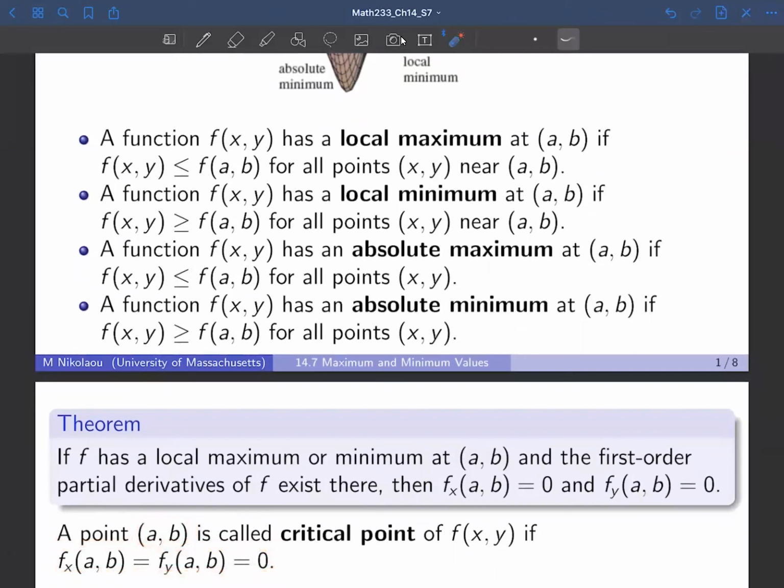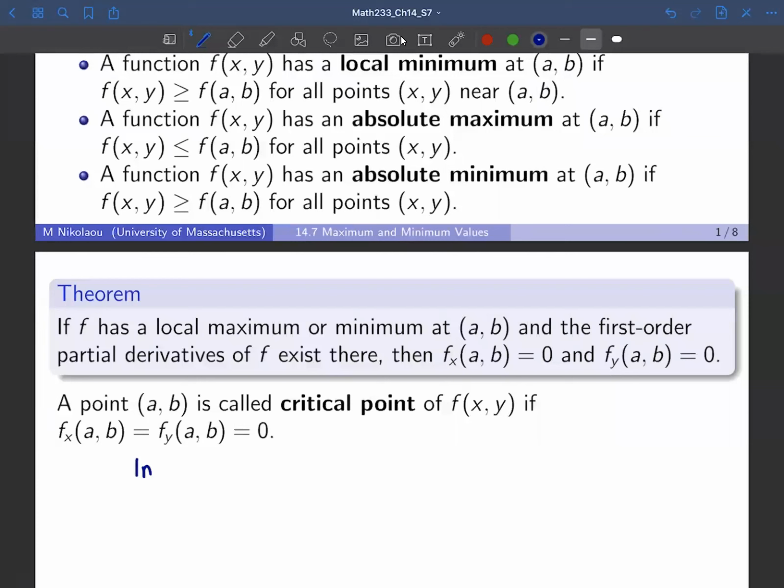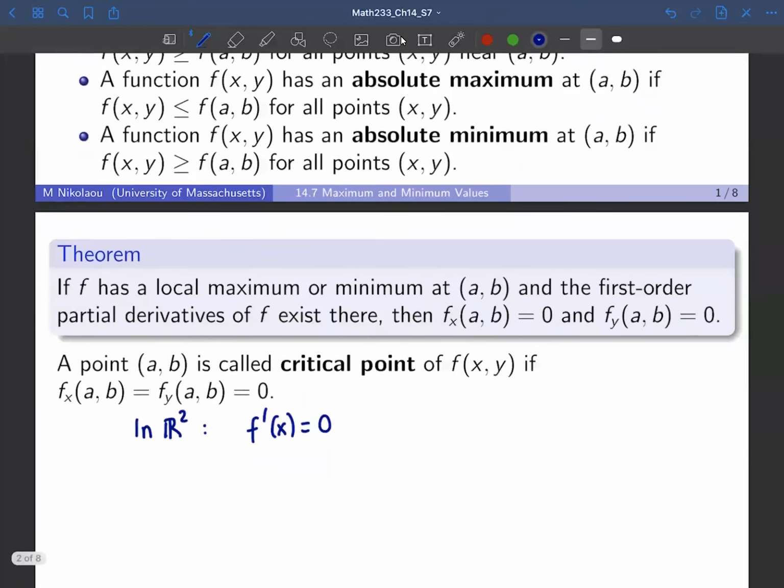If we recall, when we had a one variable function, in 2 space, in order to have a critical point, we should have that the derivative of f at x should be equal to 0. Now, in 3 space, we have a function f of x comma y instead, a function of 2 variables.